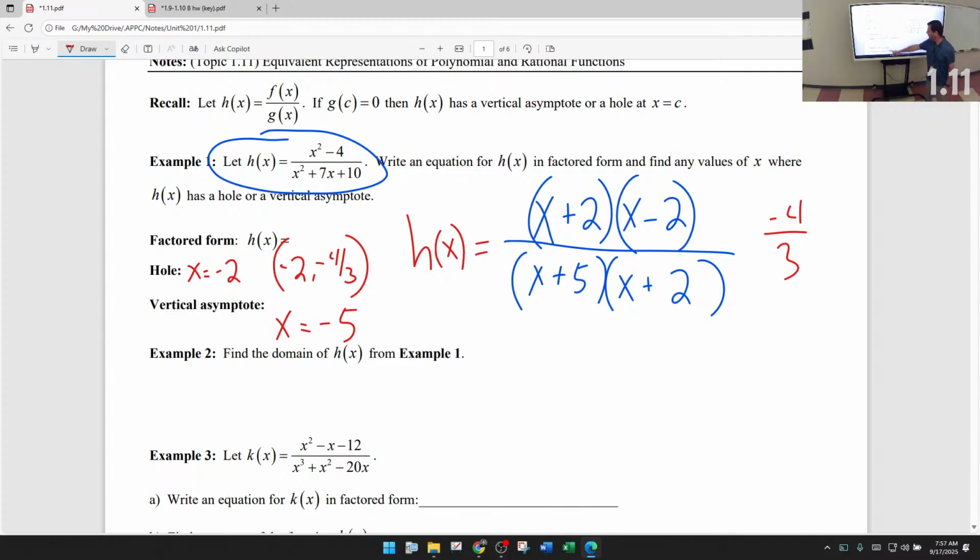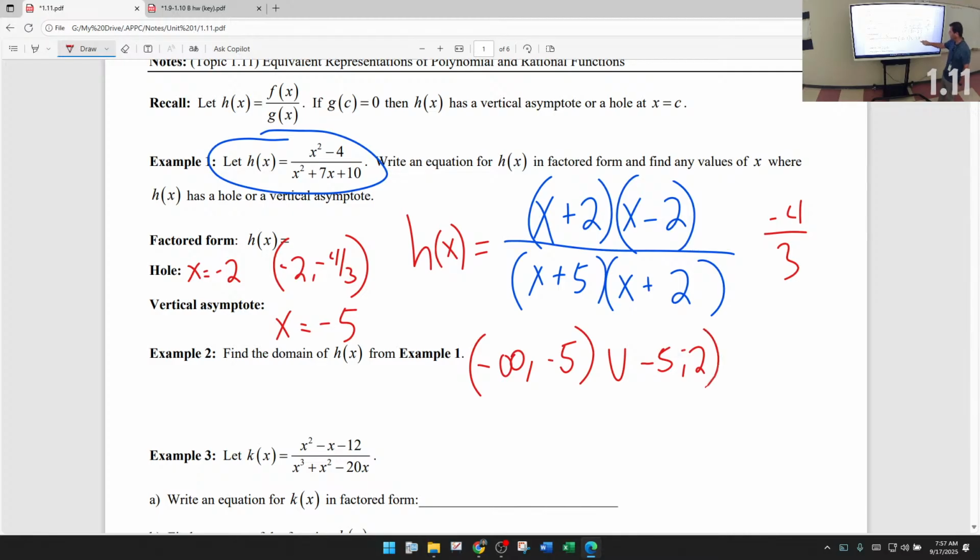Find the domain of h. This should be fairly easy because we've already established we have a hole and we have an asymptote, and that's the only thing that the domain cannot be. It can be everything else. So the domain will go from -infinity to -5. It can't be -5. We will go from -5 to -2.